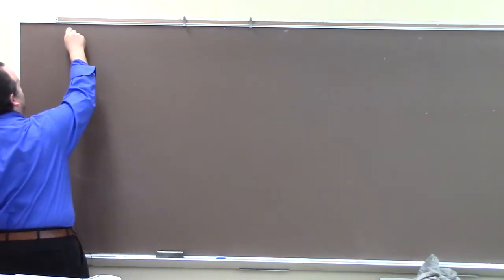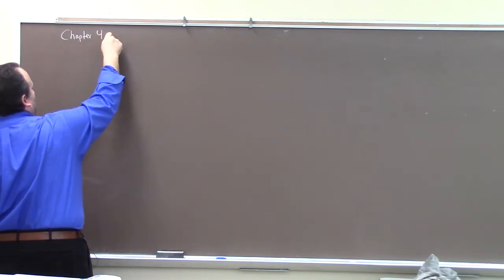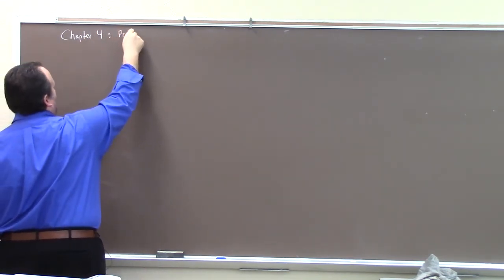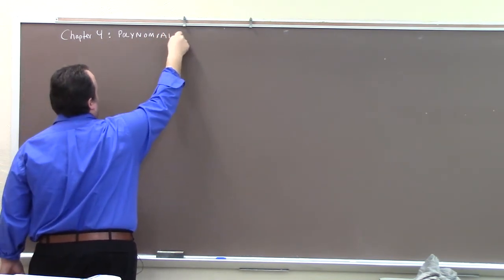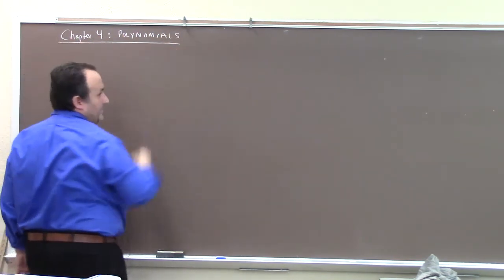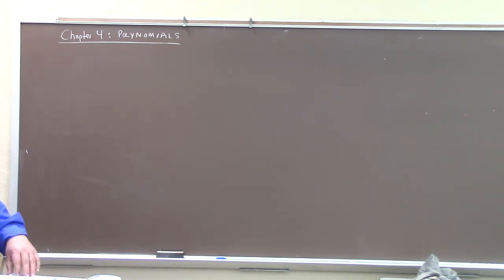So we're on to chapter 4 now, which is on polynomials, right? So what's a polynomial? What does that mean, polynomial? Poly means many, and nomial roughly means terms.